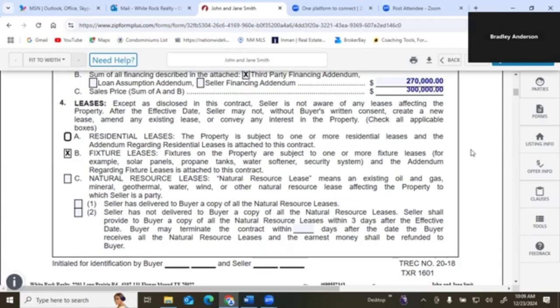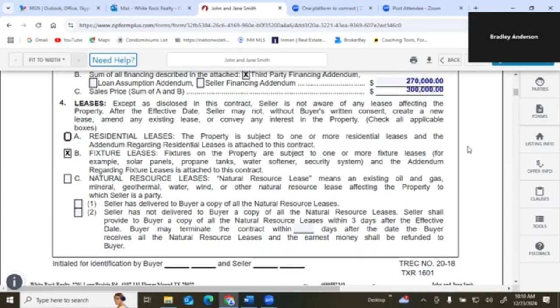The other issue with solar panels is that a lot of the companies that install them mandate that you have to get your power from them. And the one thing that we don't like as human beings, especially in Texas, is to be told that we don't have a choice. And so if your buyer is buying a home with a solar panel, that adds a whole other layer of complexity to this transaction.